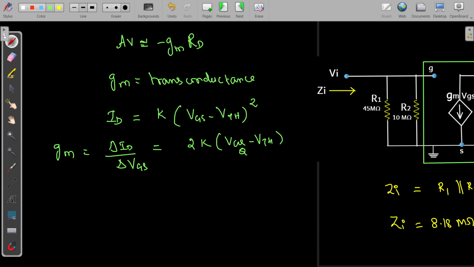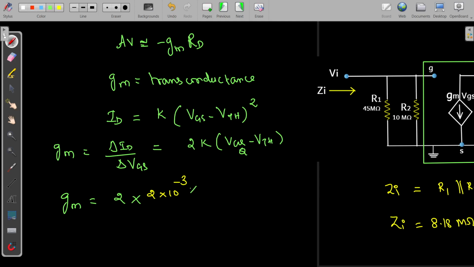Here VGS is at the Q point, that is the VGSQ value should be substituted. We know this K value, which is the device parameter, a constant, and we have already calculated it. So gm can be calculated as 2 into K, which is 2 into 10 power minus 3 amperes per volt square, isn't it?